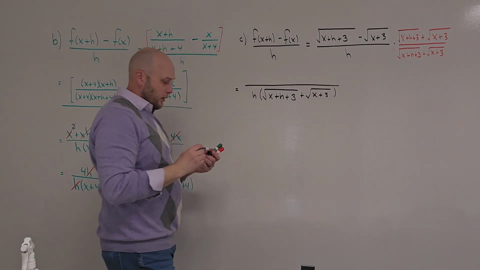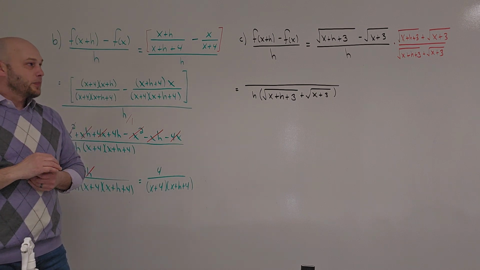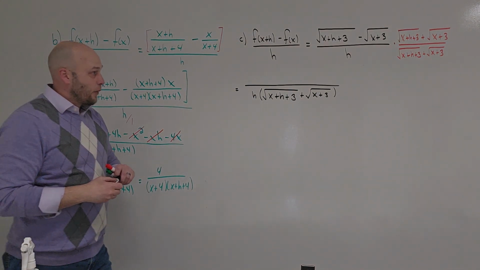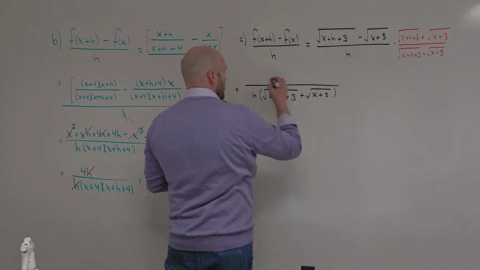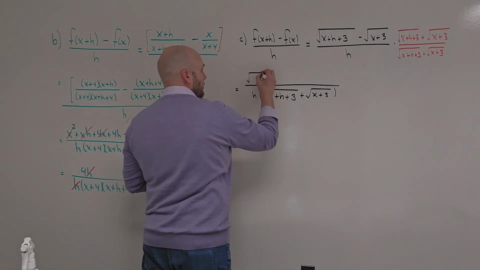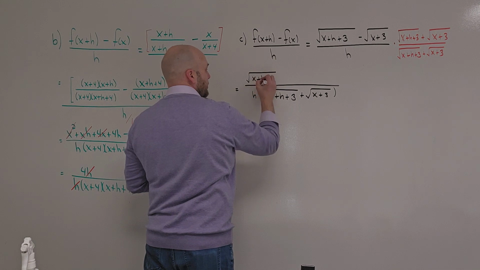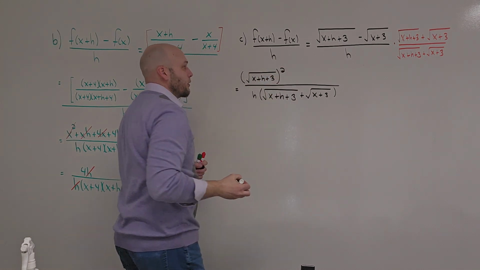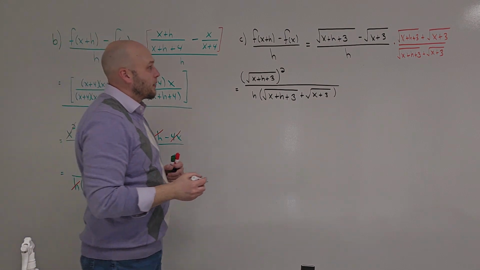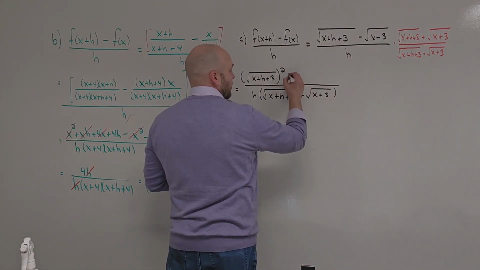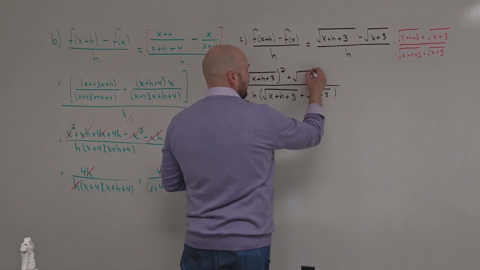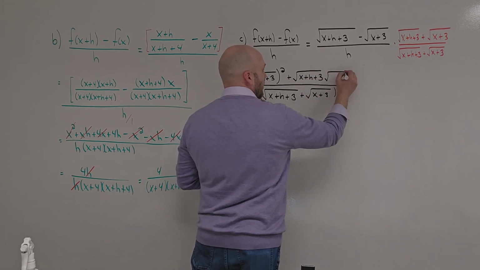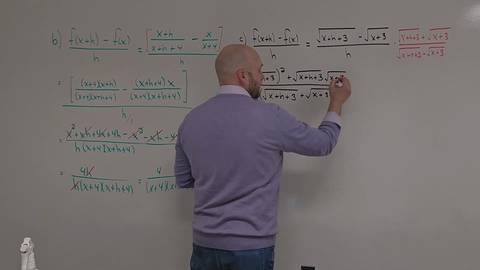Now the numerator is going to be quite messy, but it's going to collapse as we will see. When I FOIL this, the first terms give me the square root of x plus h plus 3, squared. Then the outside terms give me the square root of x plus h plus 3 times the square root of x plus 3.